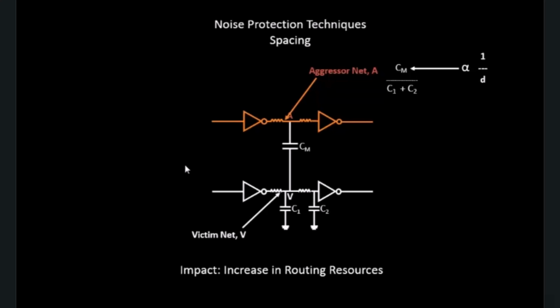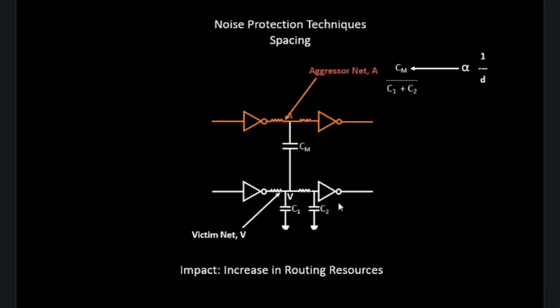That's all. You can't put any extra routes in this area. And that's a direct impact on the routing resources, because you have to find a different area on the chip to route these layers, which would have been possible if there was no crosstalk affecting over here.